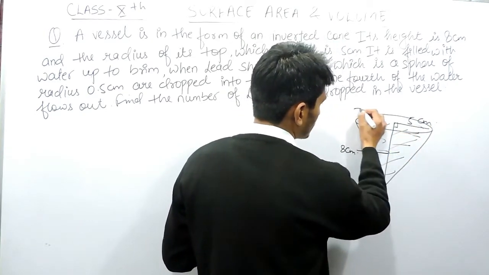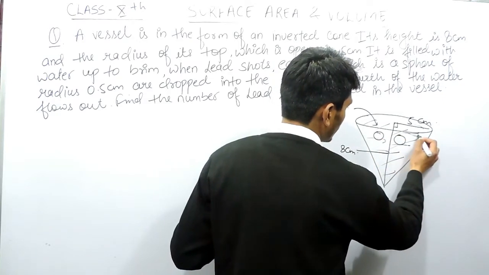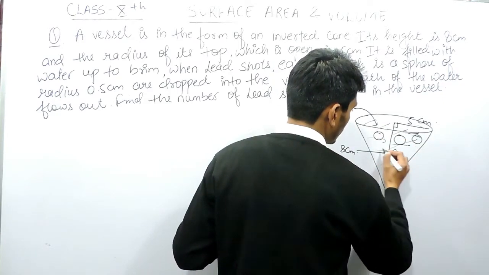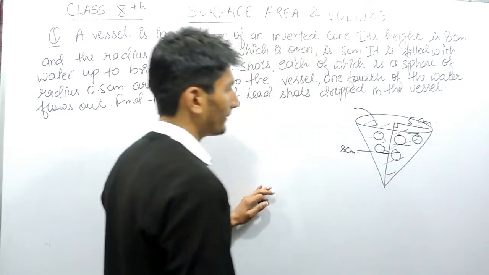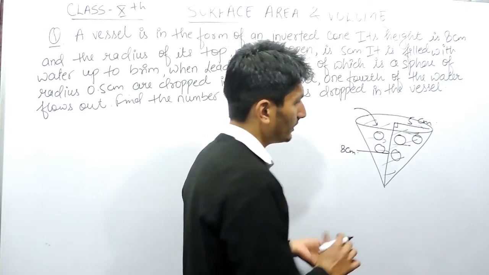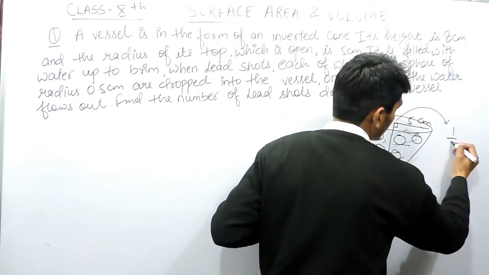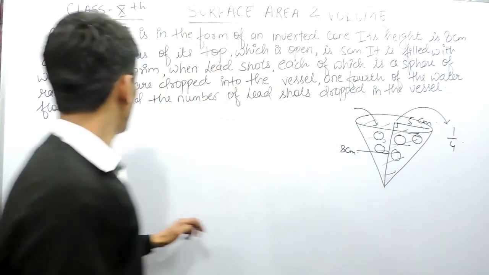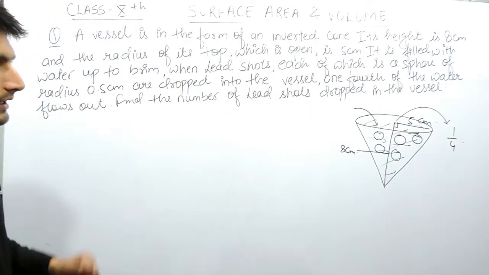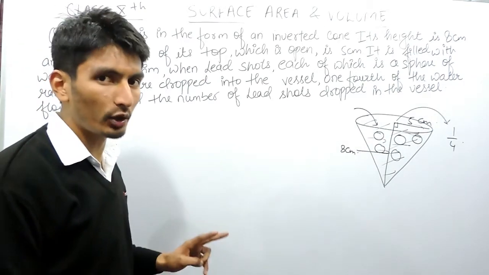Now, certain lead shot which is in the shape of a sphere is dropped inside this cone, and 1/4 of water from this flows out. Now, two things are important here.